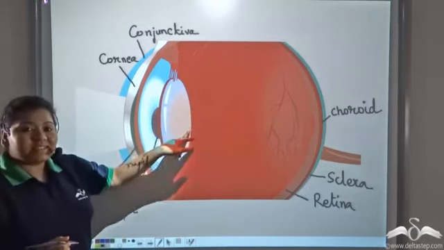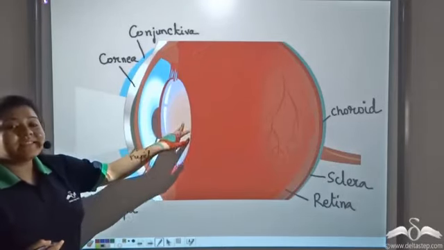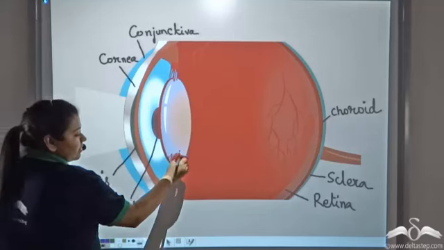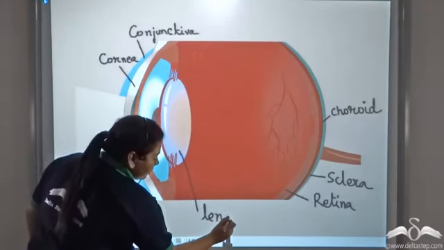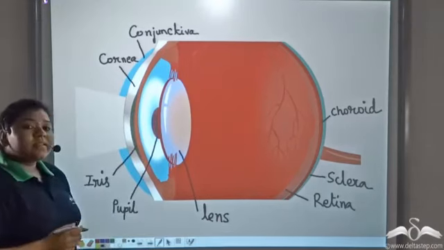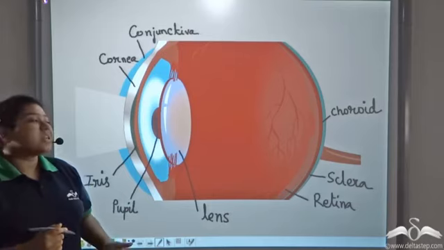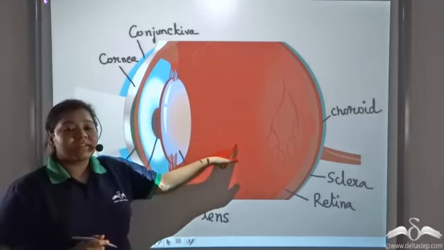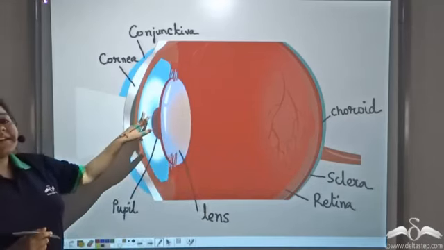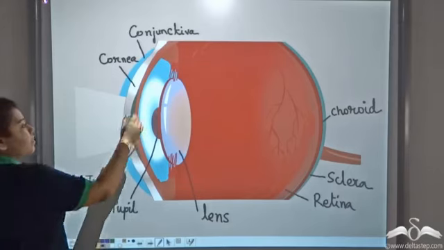This is the lens which focuses the image just like the lens of a camera. So this is the lens of the eye. Now the lens divides the eye into two chambers, the aqueous chamber and the vitreous chamber. The aqueous chamber is full of a liquid known as the aqueous humor.